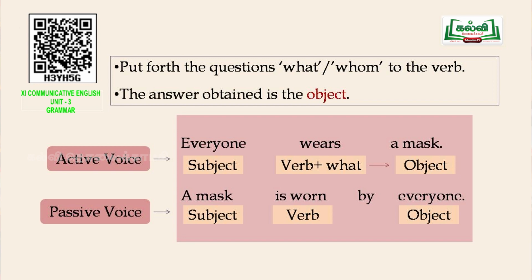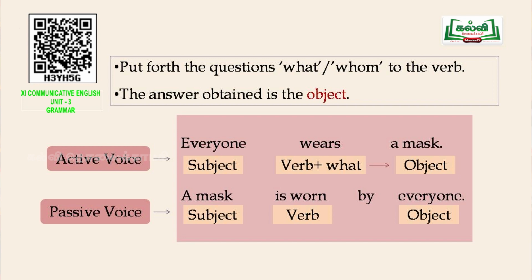So in the active voice, everyone is the subject. Whereas in the passive, a mask is worn by everyone, everyone becomes the object. Similarly, going back to the sentence of the active voice, everyone wears a mask. Now answer, a mask is worn by everyone. So a mask, which is the object of the active voice, becomes the subject in the passive form.